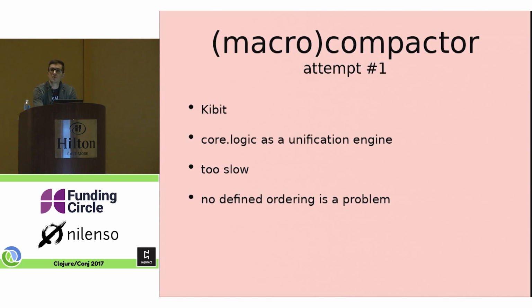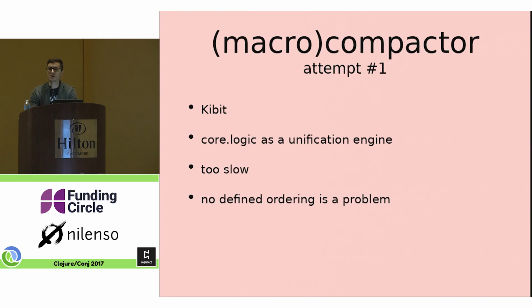And so when I was trying to implement this at first, I thought, well, we already have Kibit that does something like this. It recognizes patterns and tries to suggest more abstract representations of them. And I implemented a first pass using Kibit and core logic. And it worked beautifully. The problem is that it took 15 seconds to macro compact a simple doseq expression.